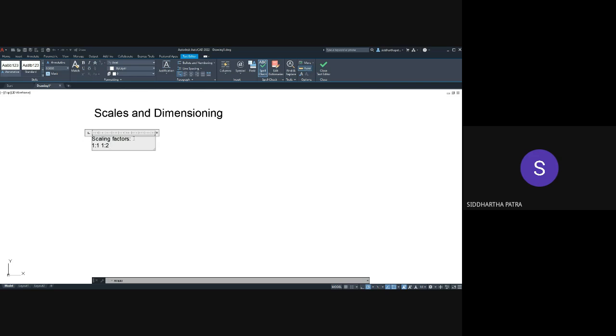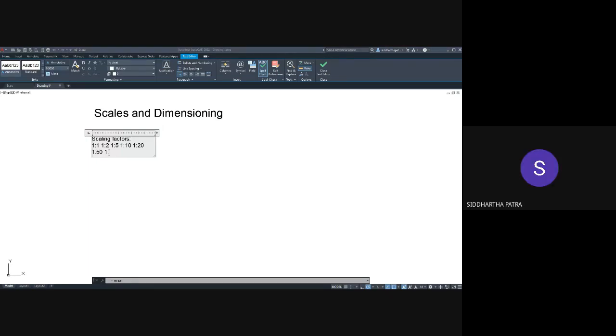So 1:2, 1:5. The next comes 1:10, and then you would see the pattern. The next scaling factor would be 1:20, and then 1:50, and so on. You understand how it is progressing, right? Can you tell me what would be the next scale? So 1:100.